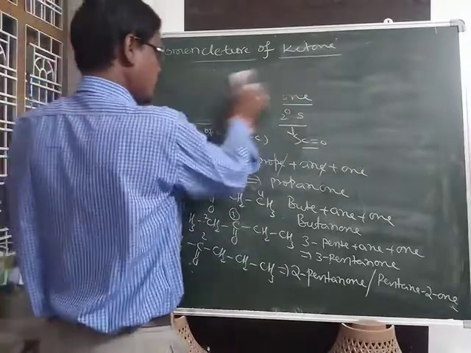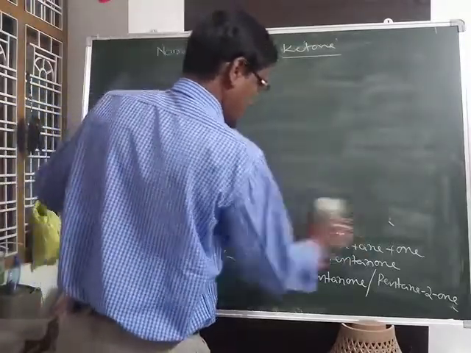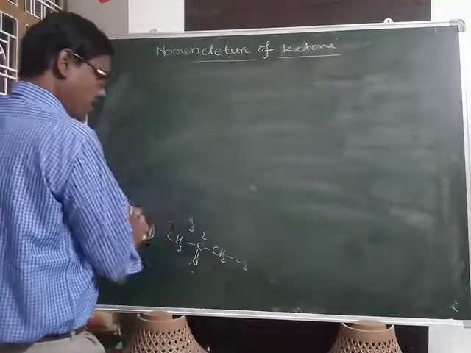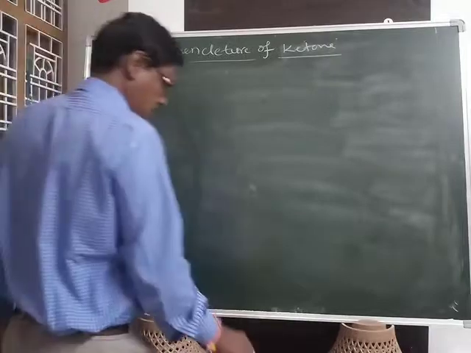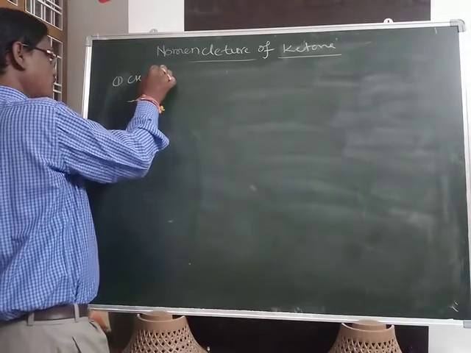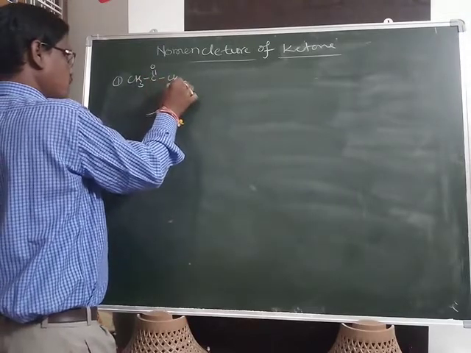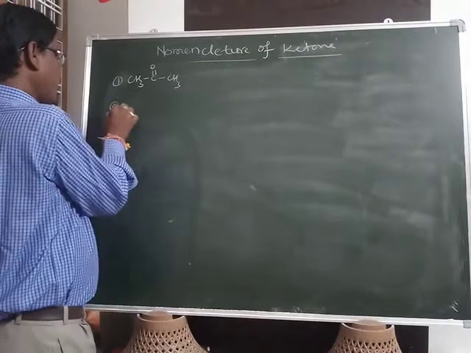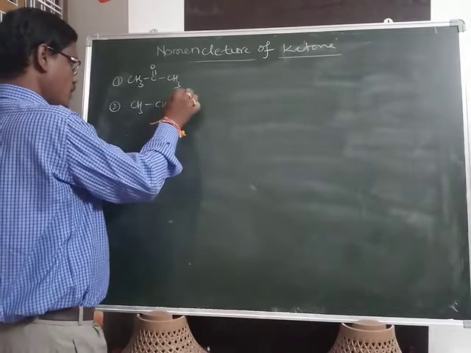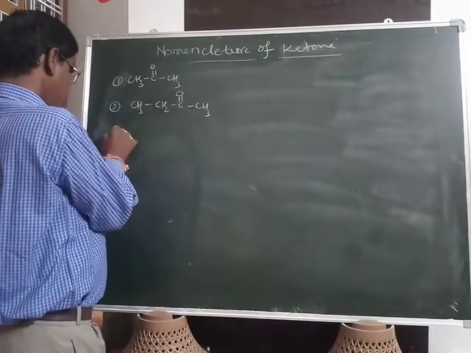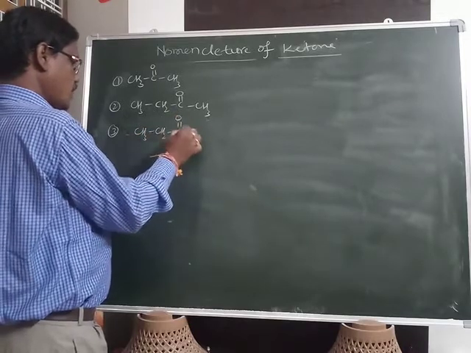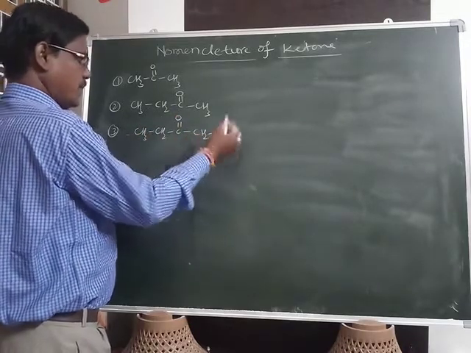Common name and IUPAC name of ketones completed. To practice, I am giving a table similar to the aldehydes. First one: CH3, C double bond O, CH3. Second: CH3, CH2, C double bond O, CH3. Third: CH3, CH2, C double bond O, CH2, CH3.